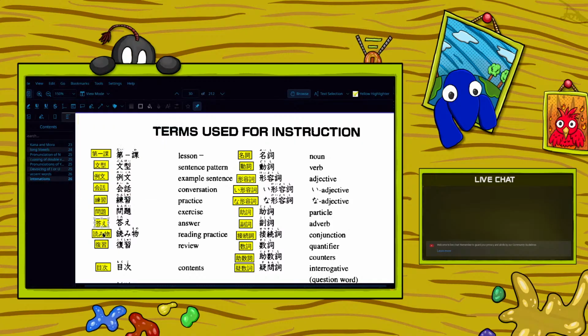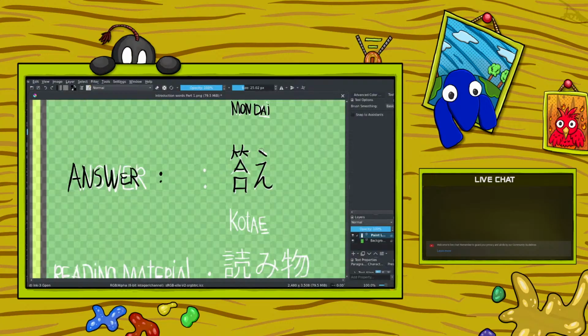So yes. And then of course reading practice is then Yomi Mono. Yeah, that one. So it's kotaye.